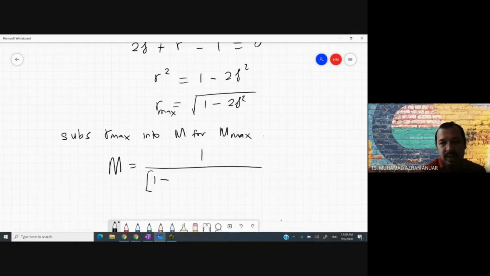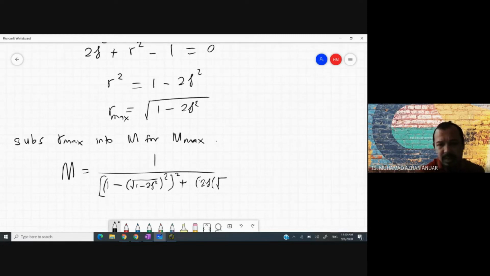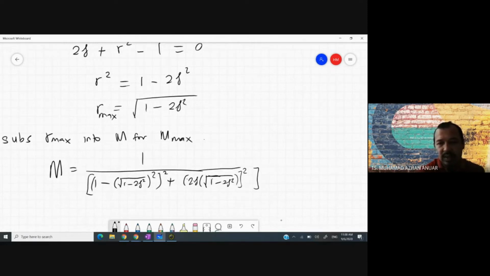So your r here is 1 minus r squared, so you get 1 minus 2 zeta square to the power of 2, plus, so we get 2 zeta multiplied by r, which is 1 minus 2 zeta square, and then this whole thing is to the power of 2, and then this whole thing is to the power of 1 over 2.